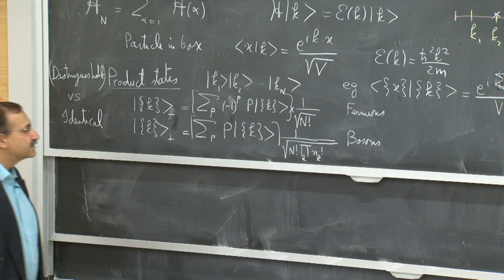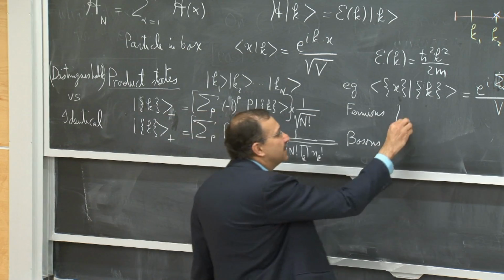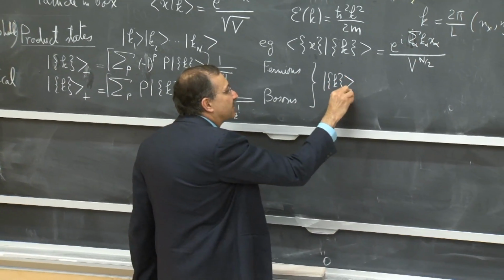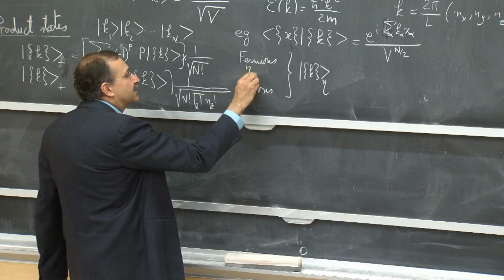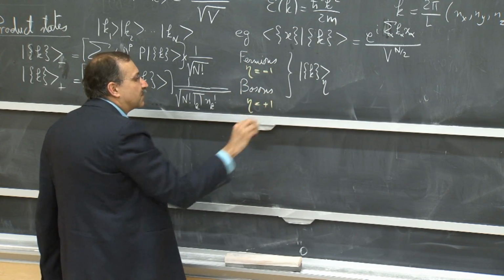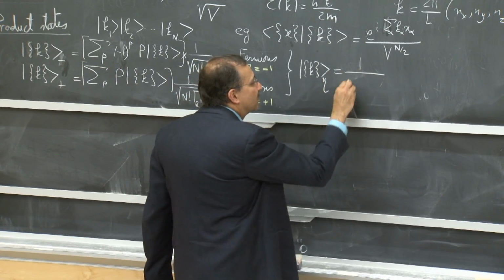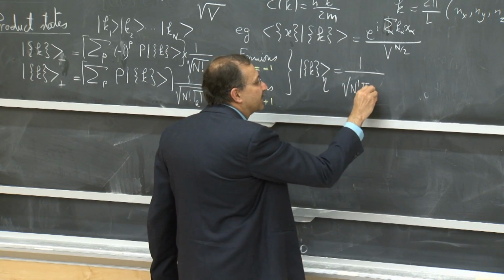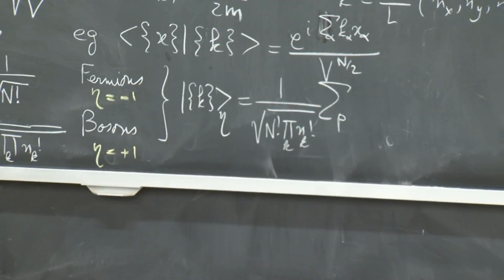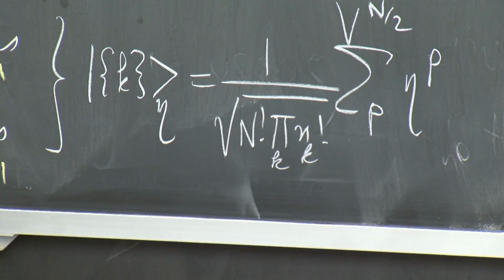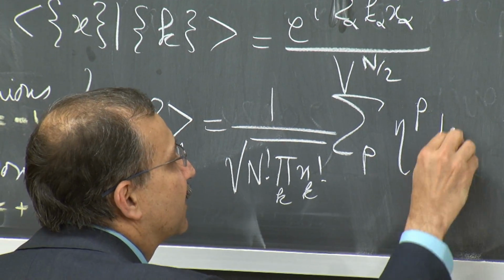And the two I can submerge into one formula by writing a symmetrized or anti-symmetrized state, respectively indicated by eta, where eta is minus 1 for fermions and eta is plus 1 for bosons, which is 1 over square root of n factorial product over k of n_k factorials, and then the sum over all n factorial permutations of a phase factor for fermions and nothing for bosons, of the appropriately permuted set of k's.